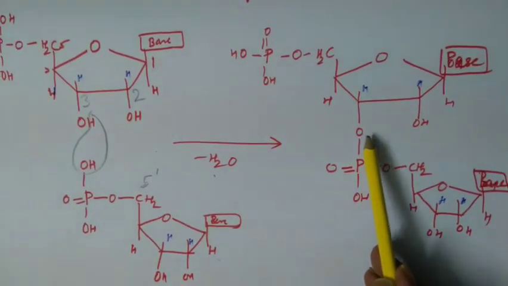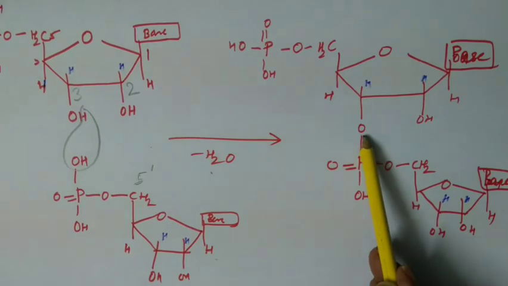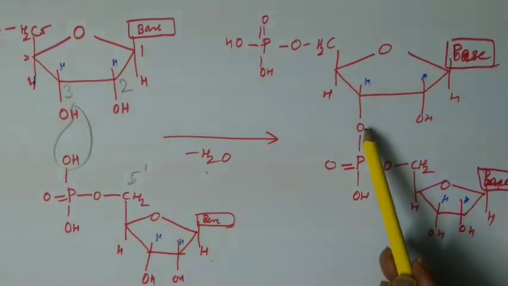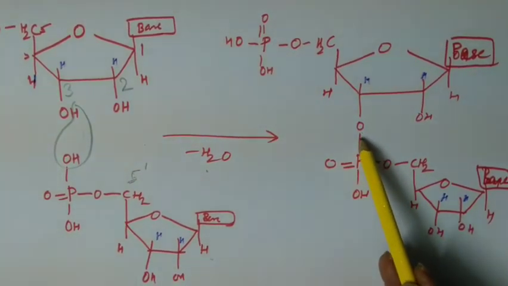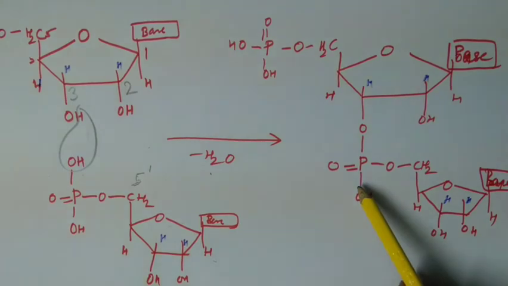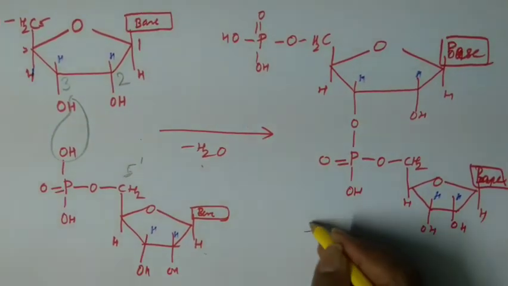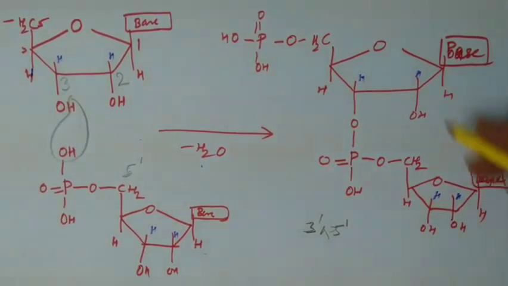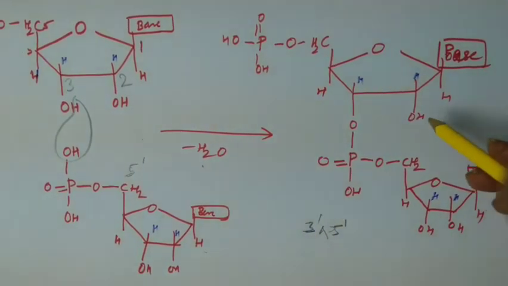H has gone out, oxygen is remaining, OH of phosphorus has gone out and a bond is formed between phosphorus and carbon atom with oxygen atom in between. Okay, so this is between 3' and 5', the third carbon atom and the fifth carbon atom of two nucleotides react to give you a phosphodiester bond.